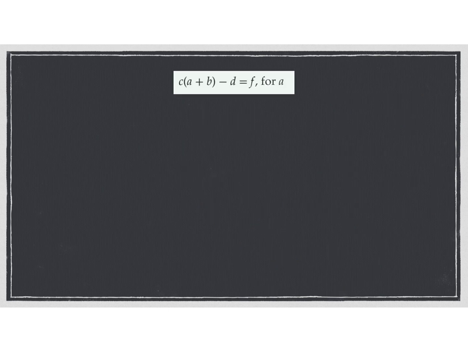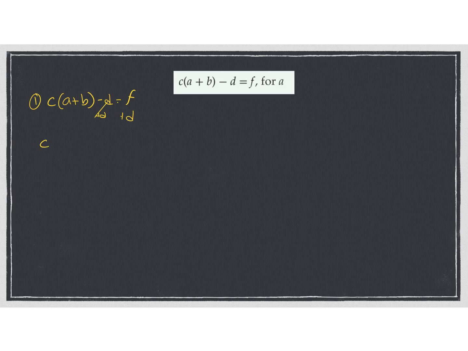We have C parentheses A plus B minus D equals F. You can go about solving it multiple ways. I'm going to go ahead and do a few. One way, it doesn't have to be first per se, is I will go ahead and add the D first.